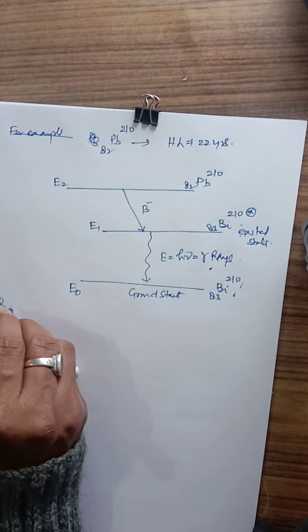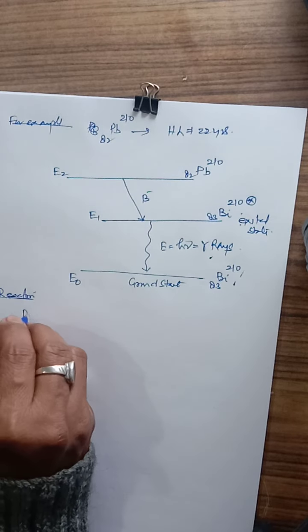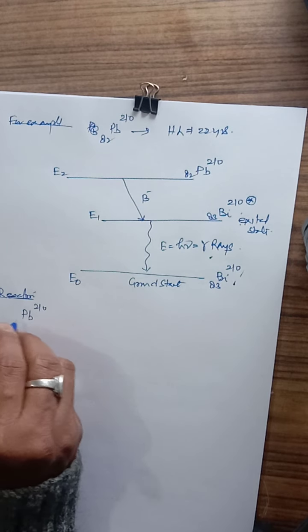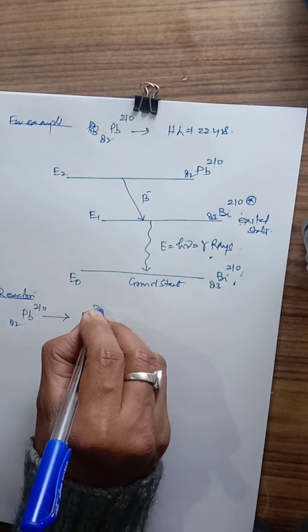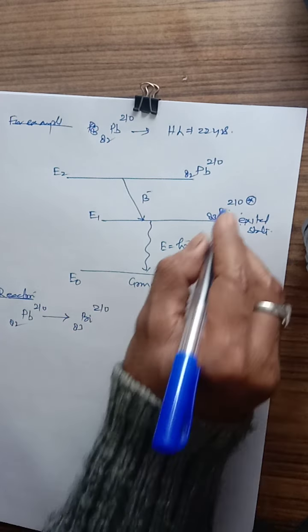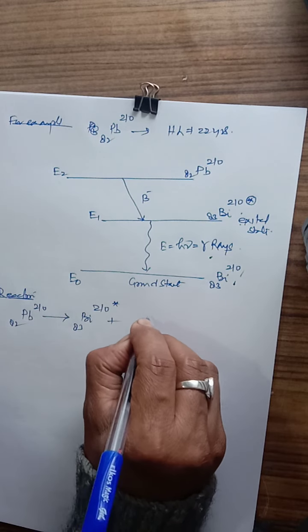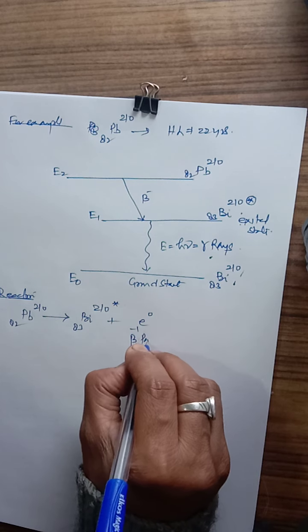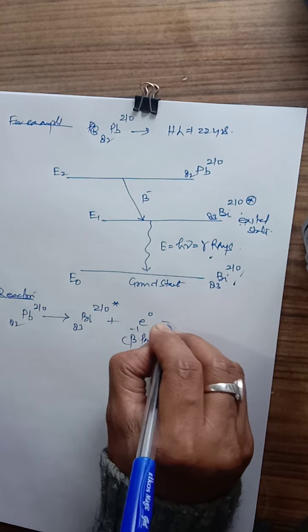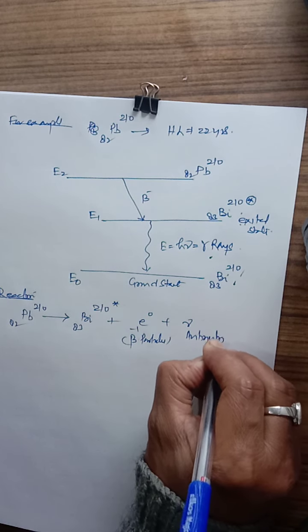So if we write the reaction for this, that is lead 82 210 goes to bismuth 83 210 at this level. This is the excited state, plus 0 minus 1, that is the beta particle, plus the anti-neutrino.